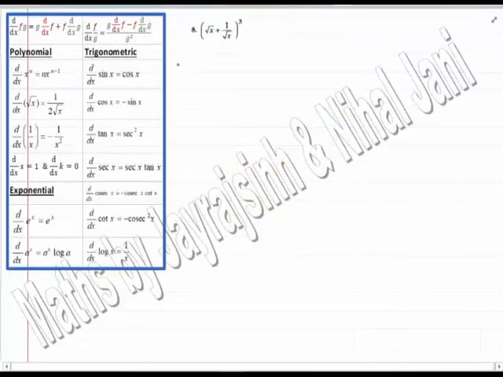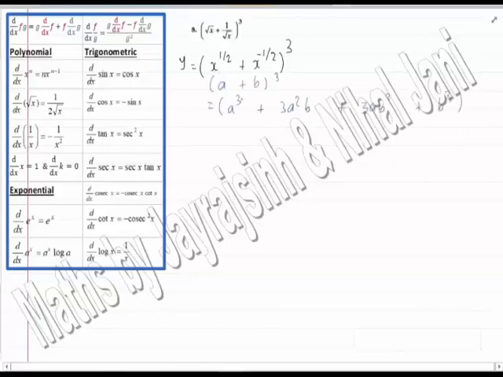In next question, question number 8 is like, in the bracket we have root x, or we can say x raised to 1 by 2, plus 1 upon root x, or we can say x raised to minus 1 by 2, the cube. Okay, now before we differentiate it, we have to split this bracket, and if you remember the formula of a cube, a plus b whole cube, it is a cube plus 3a square b plus 3ab square plus b cube, right?